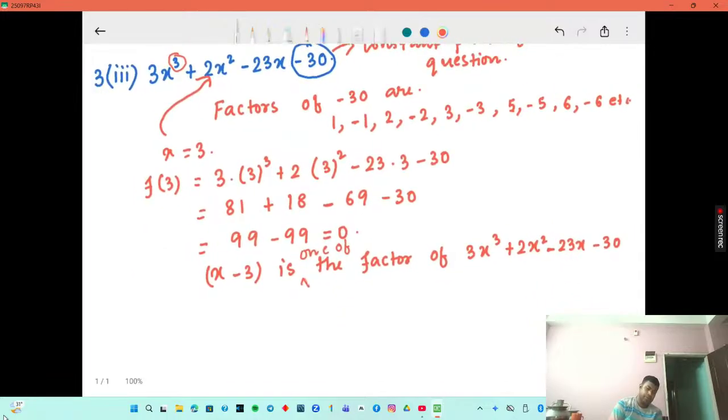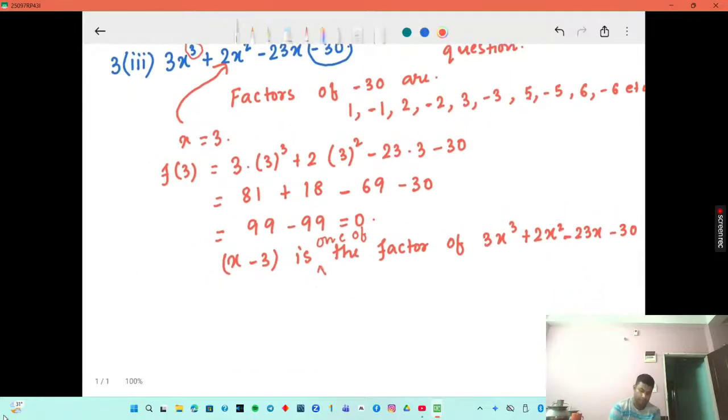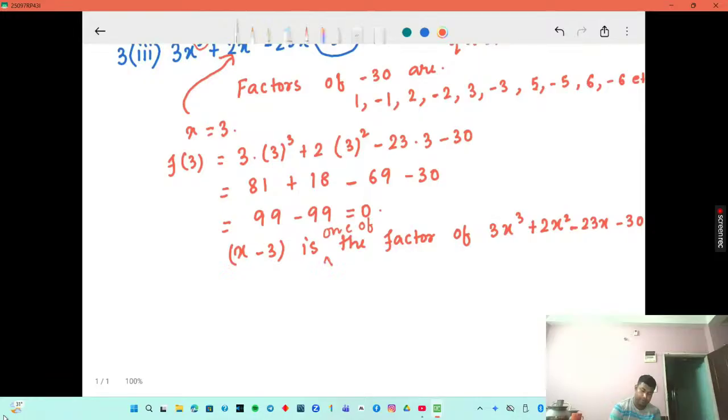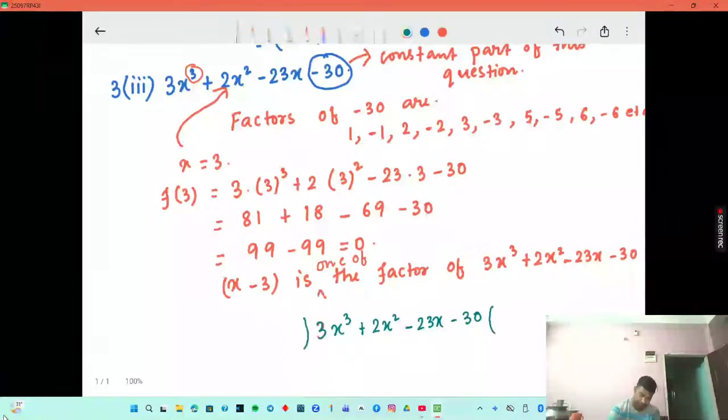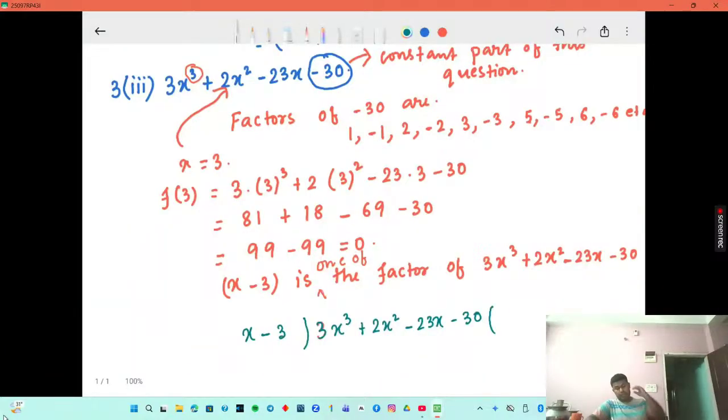So now we will divide the whole equation. There is 3x cube, 2x square minus 23x minus 30. Okay, so how can we divide this equation?